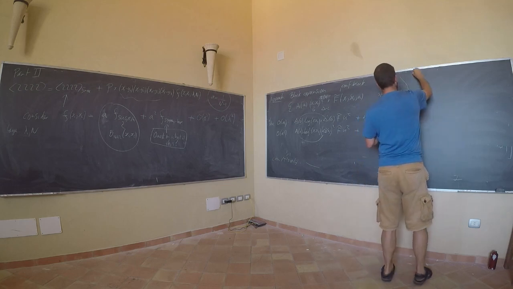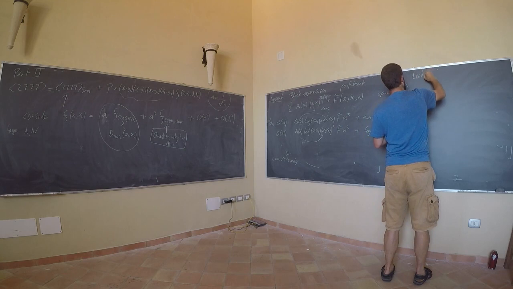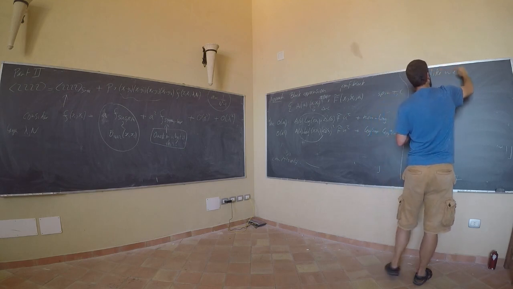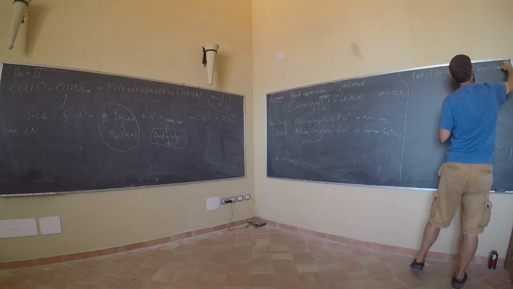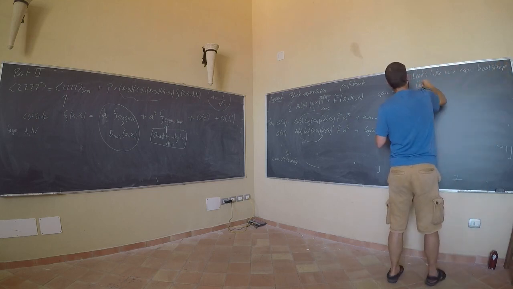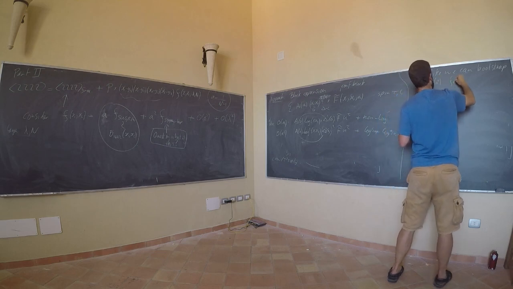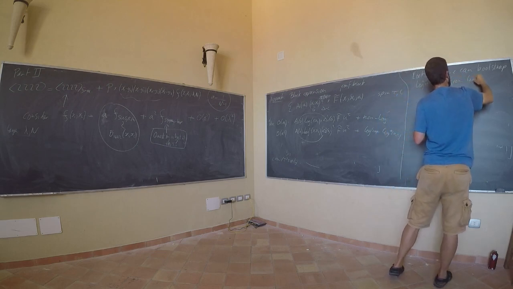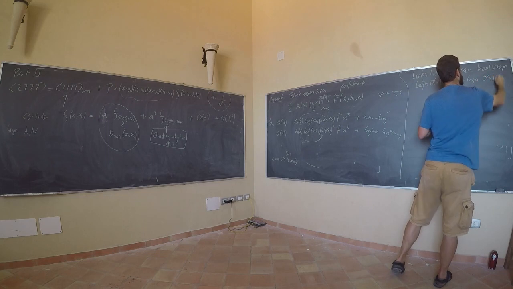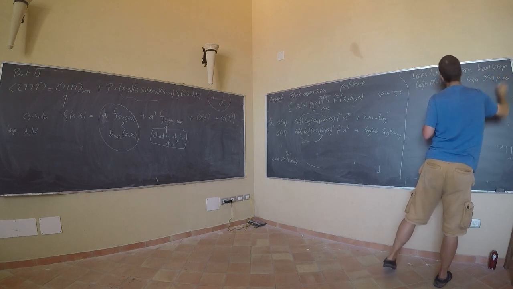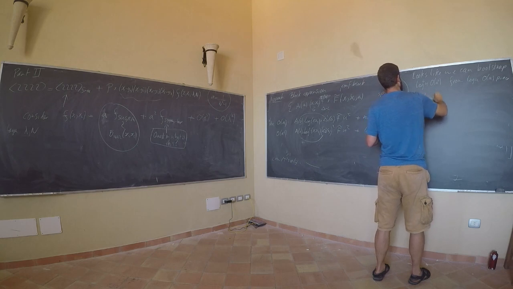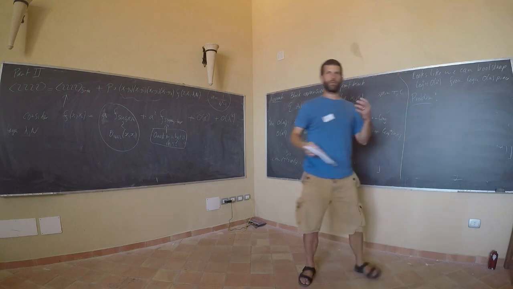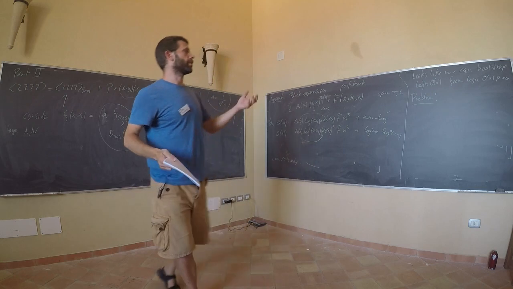Okay, so it looks like we can bootstrap the log squared U order A squared piece from the log U order A piece. Actually, you can do that for the twist 4 operator, which is the leading one.